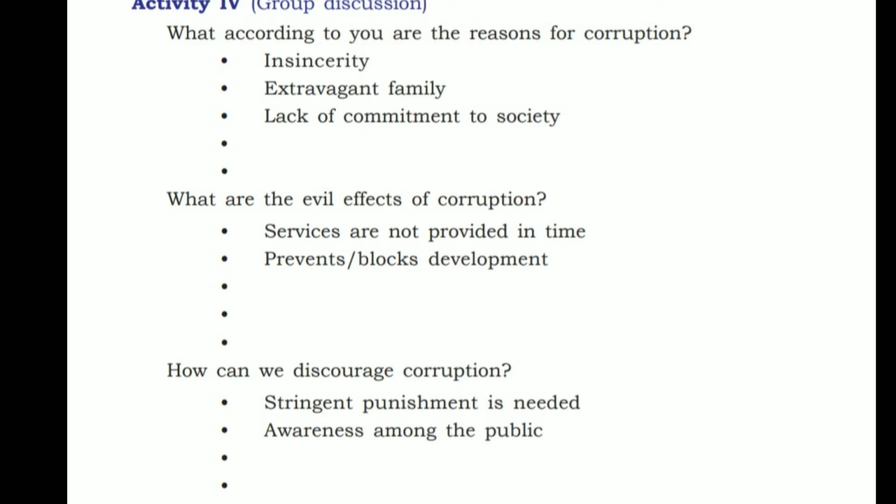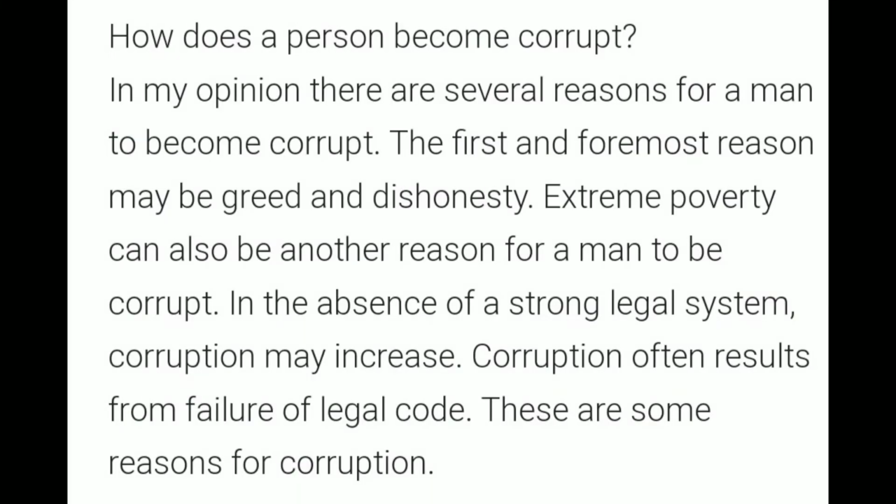That is why two blanks are given here. So you can have your own views, your own reasons, from your understanding. You also might have observed the situations that we see in our world or in our society. So try to add some of the reasons here. For your sake, I am giving a sample answer.